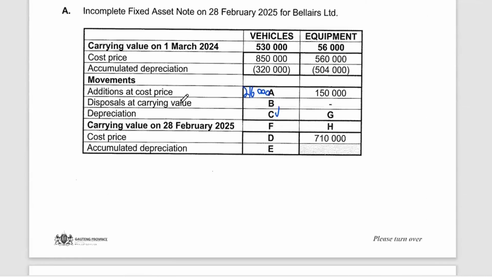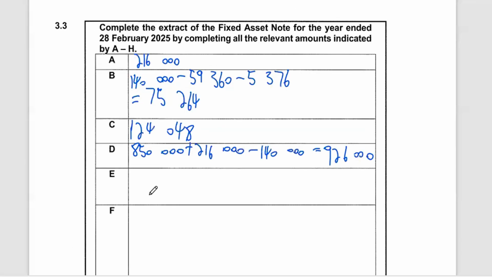Then E, it's our accumulated depreciation at the end. So we're going to say our accumulated depreciation at the beginning, which is 320,000. Plus our current depreciation that you have already calculated, which is 124,048.